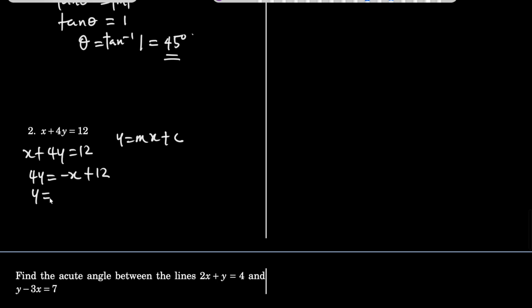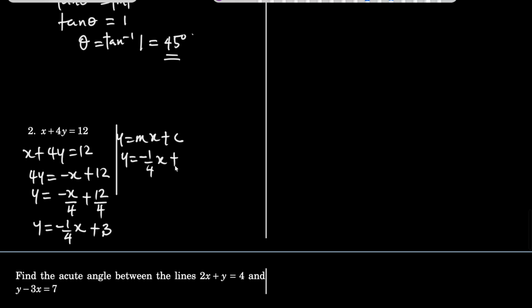So y equals, divide through by 4, minus x over 4 plus 12 over 4. Y equals, here we have a 1, so we can just bring the 1 here, plus 3. Now let's put that side by side with our existing equation. So y equals minus 1 over 4x plus 3.